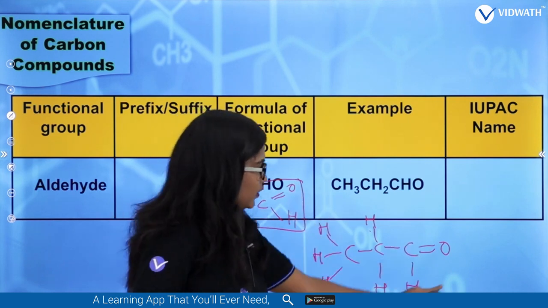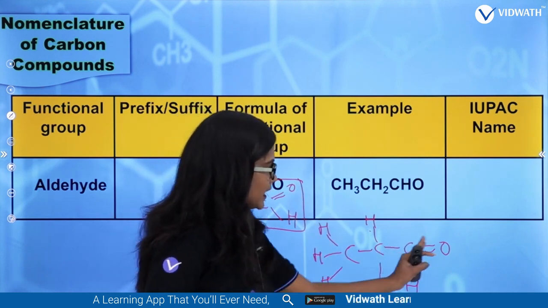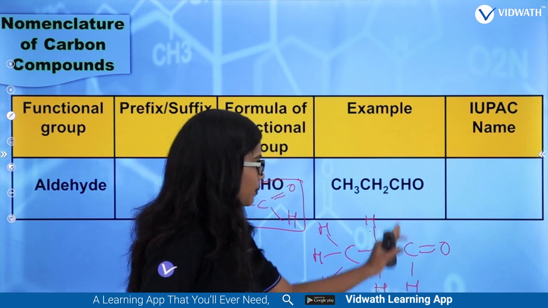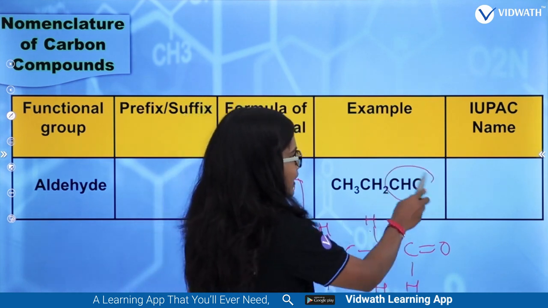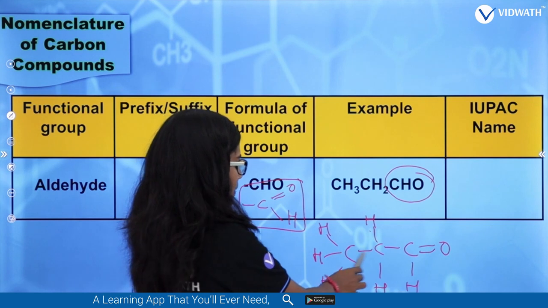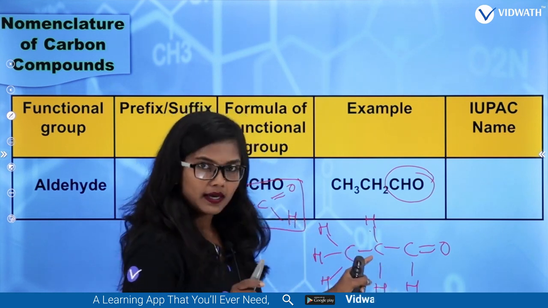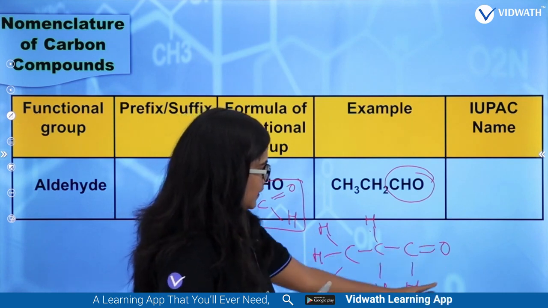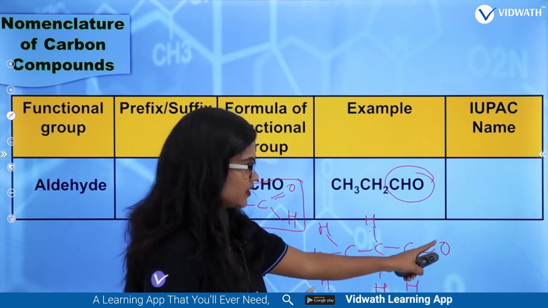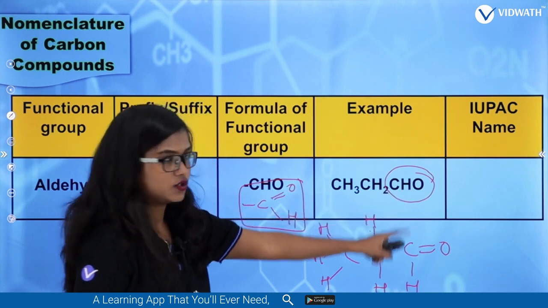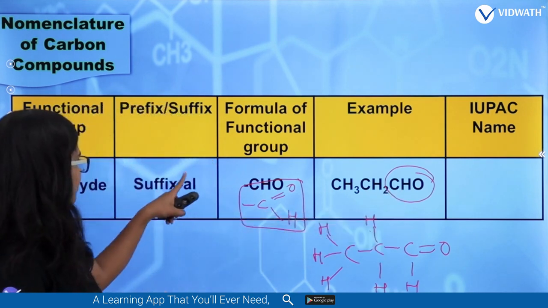So here we have a carbon attached with the C double bond OH group, the CHO group. Then how do we name it? How many carbon do we have in total? 3 carbon atoms. So it will be propane, as we have a double bond OH here. If we have a CHO group, we use the suffix "al".